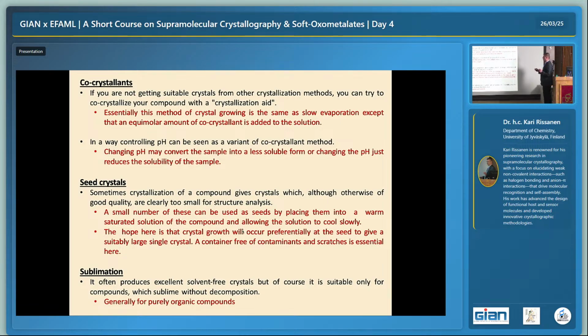And then we are talking about co-crystals. So we add a component B. Let's say that we have a component A, and it doesn't crystallize, whatever we do. But then we think, okay, maybe if we add a component, a molecule B, and crystallize them together, if they make a one-to-one complex, this complex then crystallizes.